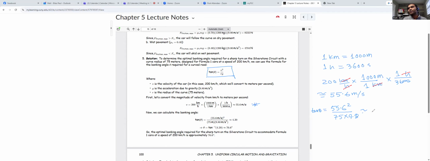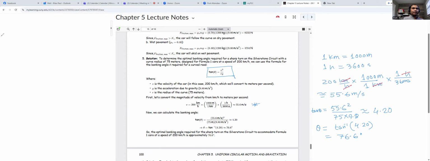So this is approximately equal to 4.20. Theta is tan inverse of 4.20, which is our answer, approximately equal to 76.6 degrees. Okay? So that's how we should solve this banking problem.